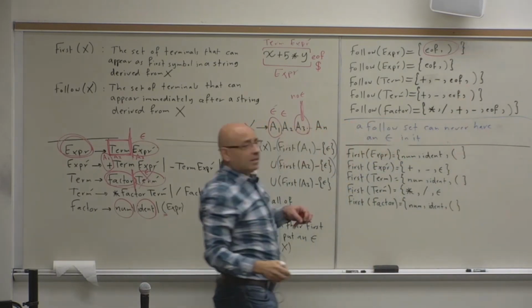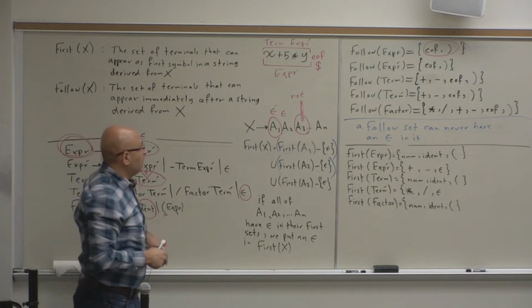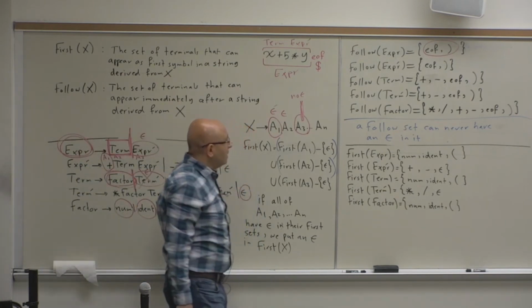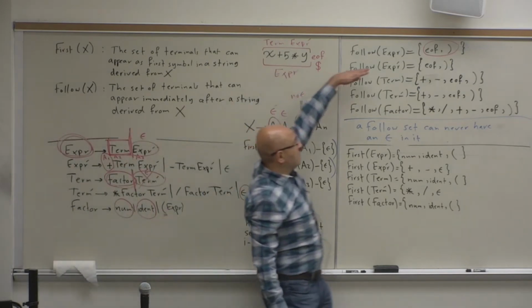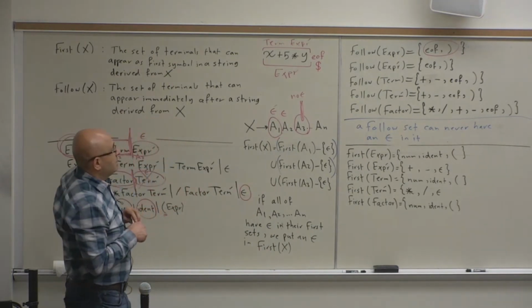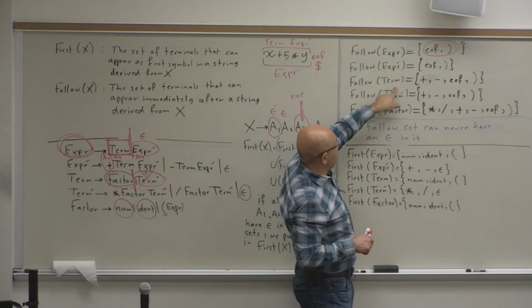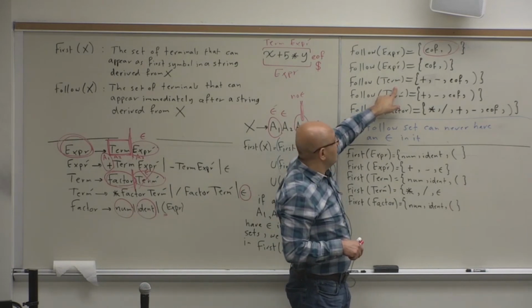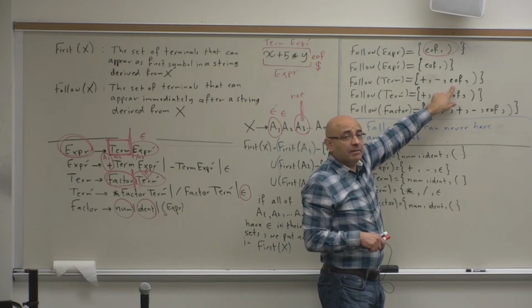Now let's do some sanity check, if this makes sense. An expression can end either with end of file if it's the big expression, or it can end with close parentheses if it's a sub-expression. What about a term? A term can be followed by end of file. When will that happen? If it's the last term.